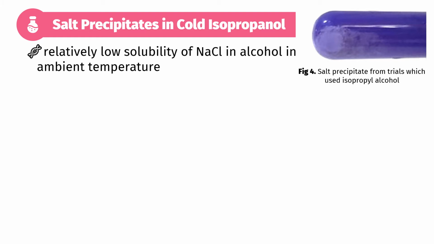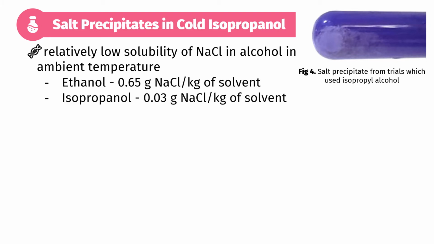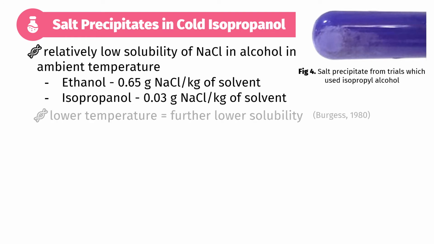On the other hand, when cold ethanol was used, negligible to no salt precipitates are formed, since sodium chloride has a relatively higher solubility in ethanol, which is 0.65 gram per kilogram of the alcohol, than in isopropanol, which is 0.03 grams per kilogram of the alcohol.